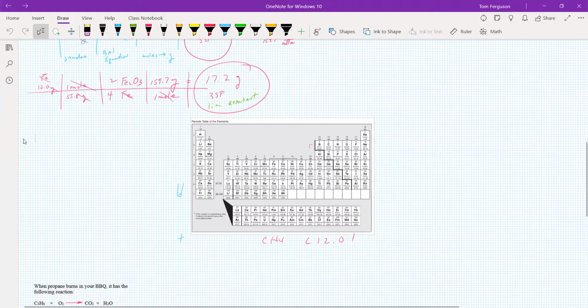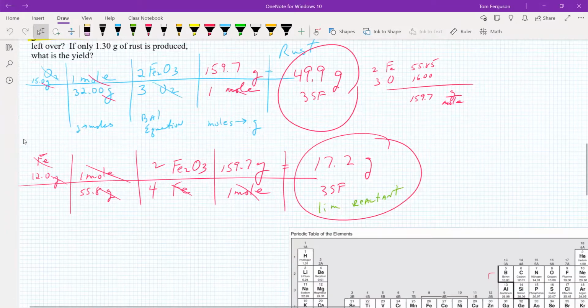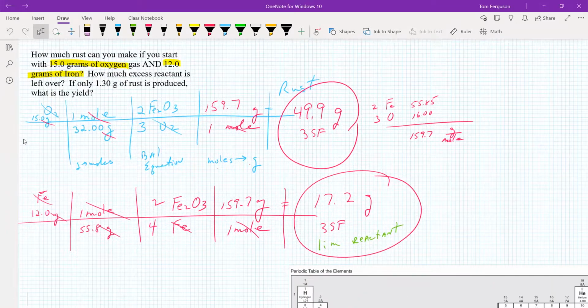Okay, so now we know we're going to make 17 grams of rust, no more than that, because the amount of iron we have isn't enough to make more. So we're going to have excess oxygen. So now we need to figure out, if we have excess oxygen, how much oxygen are we going to use if we make 17.2 grams of rust?